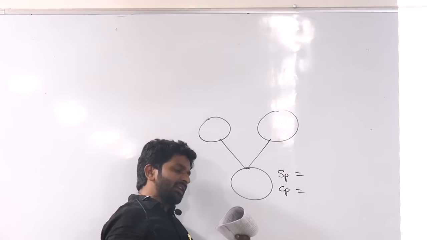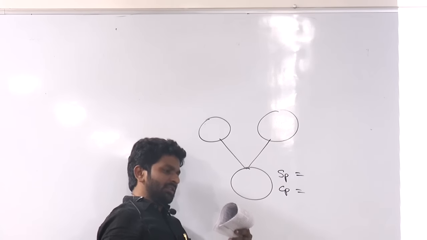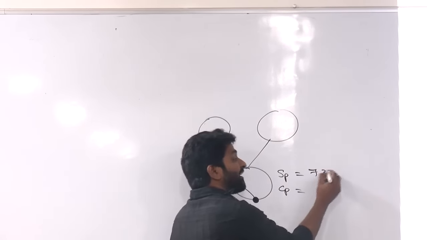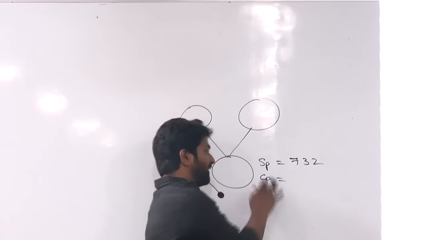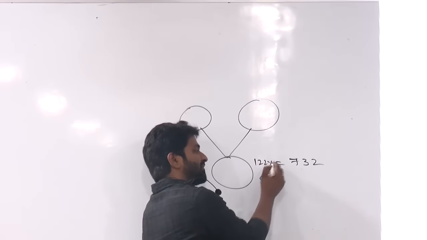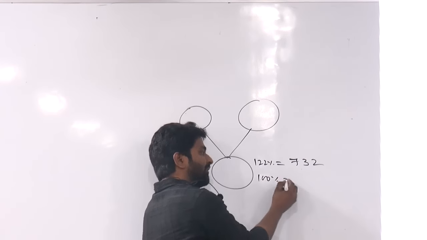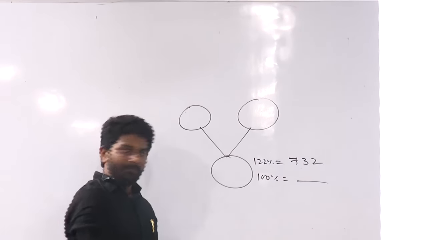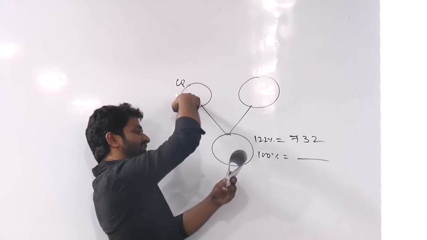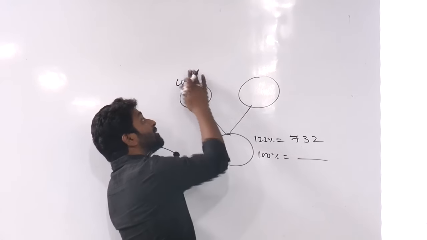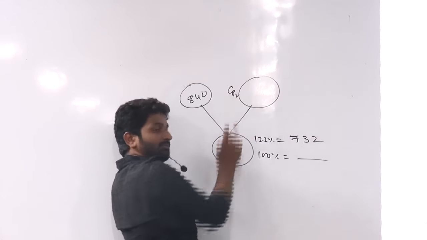By selling it for 732, he is getting 22% profit. In the sense, selling price is 122%, cost price will be 100%. You know how to do it, right? But you will get the cost price here. You should know the cost price of this item. How much is this? 840. You also need to know the cost price of the other item.